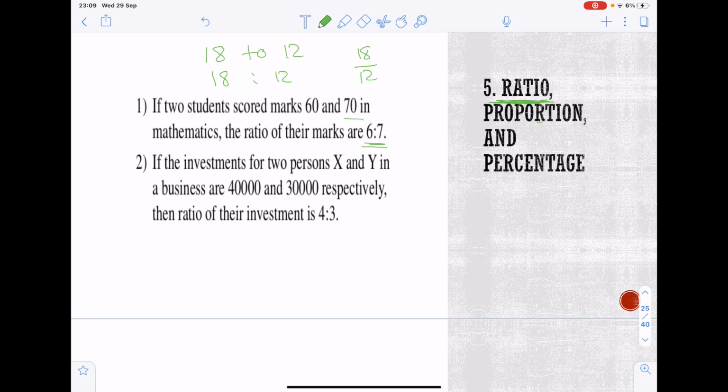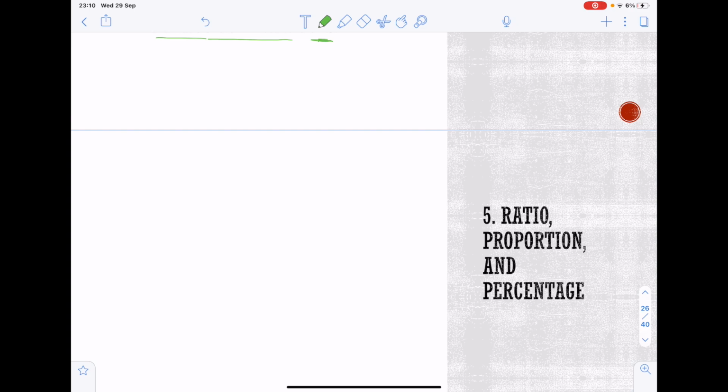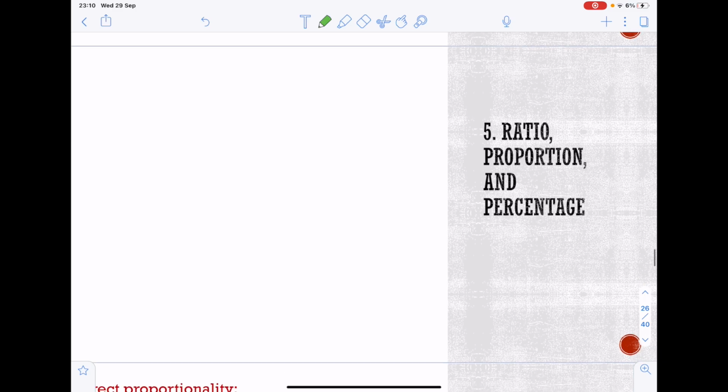Also here, if the investments of 2 persons, X and Y, in a business are 40,000 and 30,000 respectively, the ratio of their investments would be 4 to 3. So a ratio is always expressed in the simplest form, and the order of the terms in the ratio is very important. For example, the ratio 4 to 5 does not equal the ratio 5 to 4.